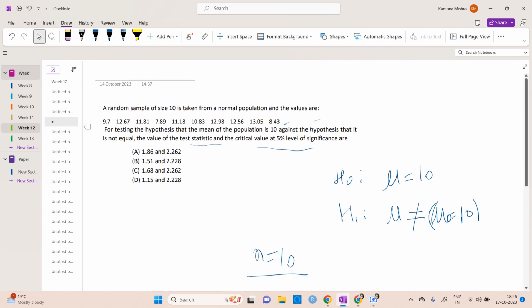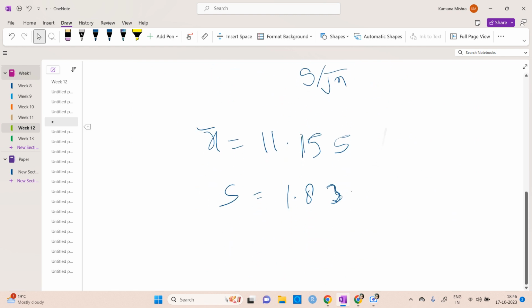You can check how to calculate this in the calculator. You need to go through the mode and three in stats, and then you can put in all the values, and there is an option to find this. There must be a tutorial on YouTube for that.